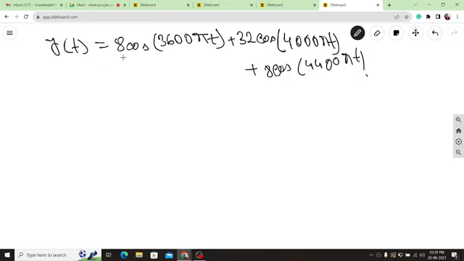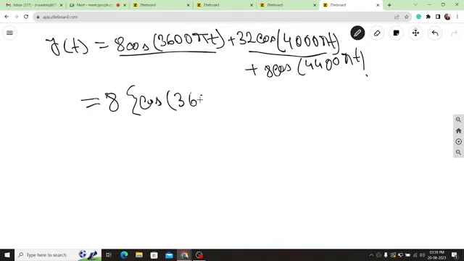So first take these two terms. This is 8 cos 3600 pi t plus cos 4400 pi t.